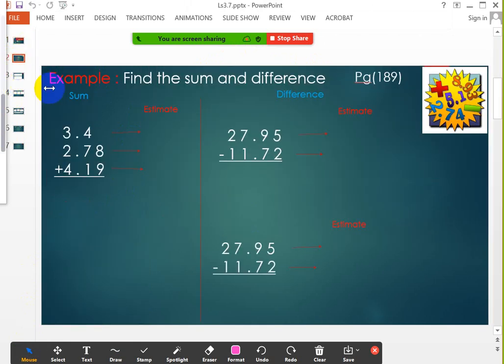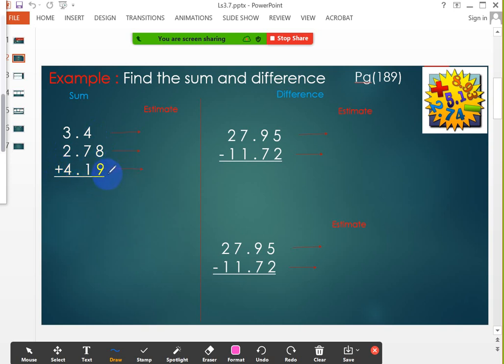The first exercise on page 189 is how to find the sum and difference for those numbers. Let's start with the first one, how to find the estimate for this sum. 3.4 plus 2.78 plus 4.19.